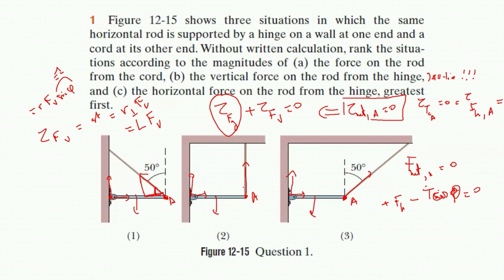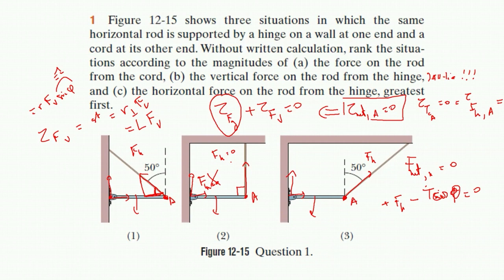Here it's 0 because theta is 90 degrees and you don't have any force along the X direction. So here I know that FH is 0. And you see it because theta is 90 degrees, FH should be 0. And here you will have the same thing. In magnitude, these two tie, the F horizontal here and here have the same magnitude, and the F horizontal here is 0.